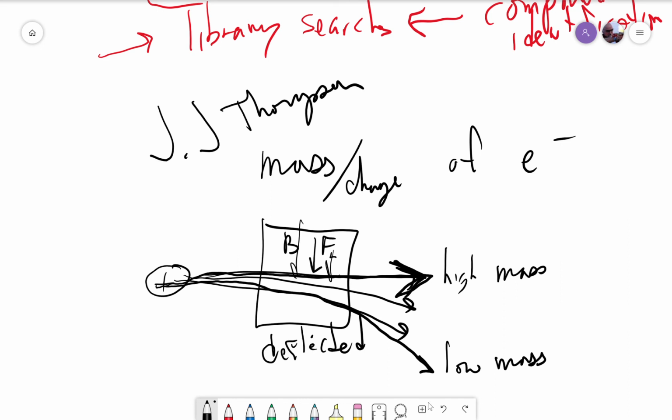In this way, the magnetic field operates similar to a prism with dispersion of molecular weight from high mass to low mass. You could identify which mass, almost in the same way that we determine the wavelength of light from a dispersion.